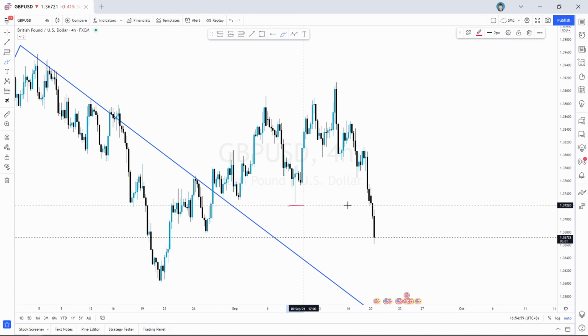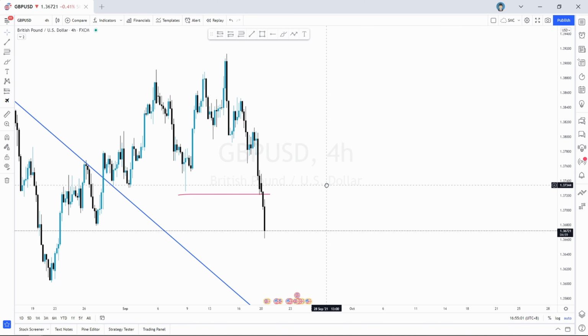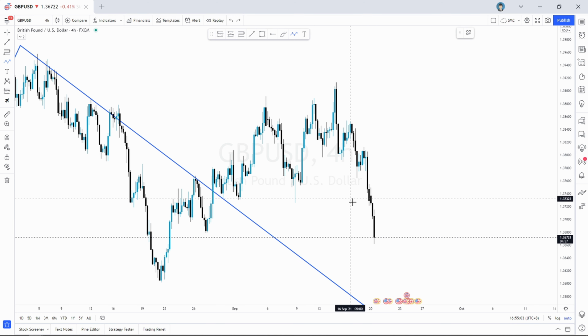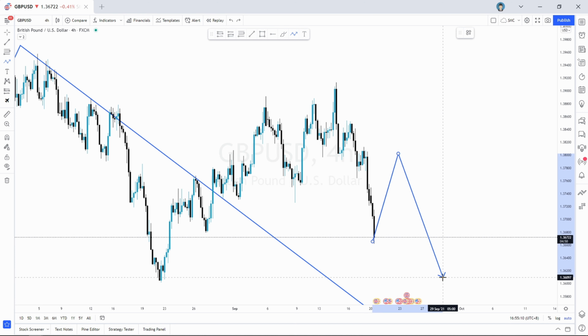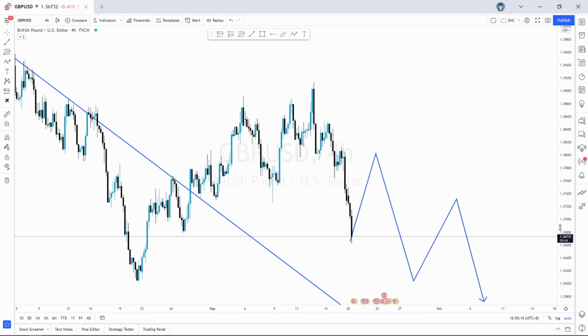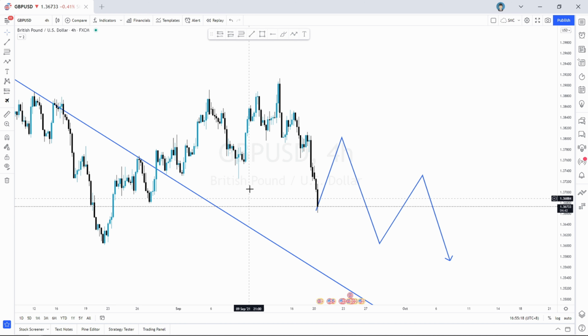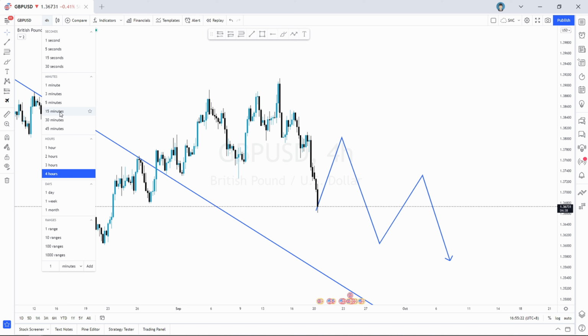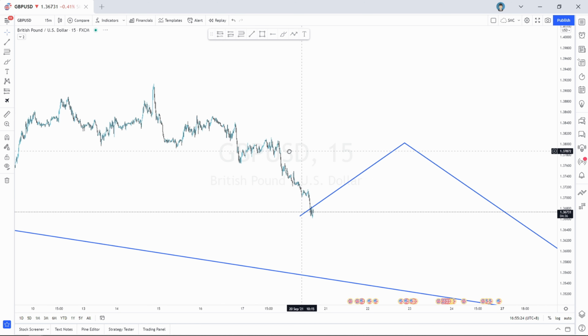Here. So we're expecting price to maybe do a pullback to either this OB or this OB higher. Let's just say from this OB, then continue the trend, which is bearish. Lower low, lower high, lower low. And that's the 4-hour. So also, if we go on the lower time frame, we can look for scalps.